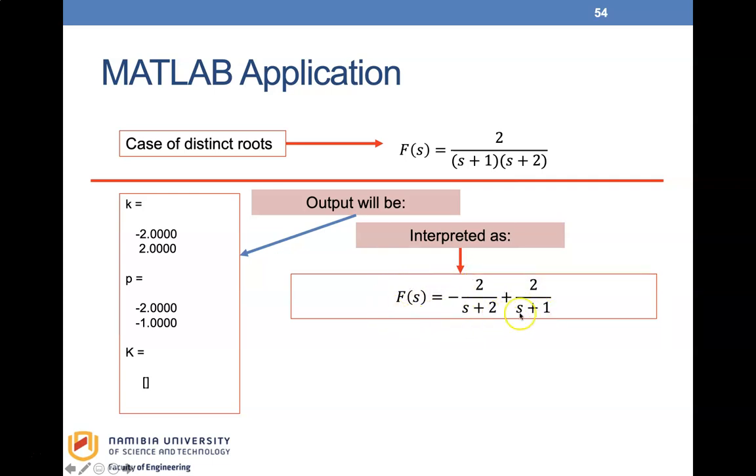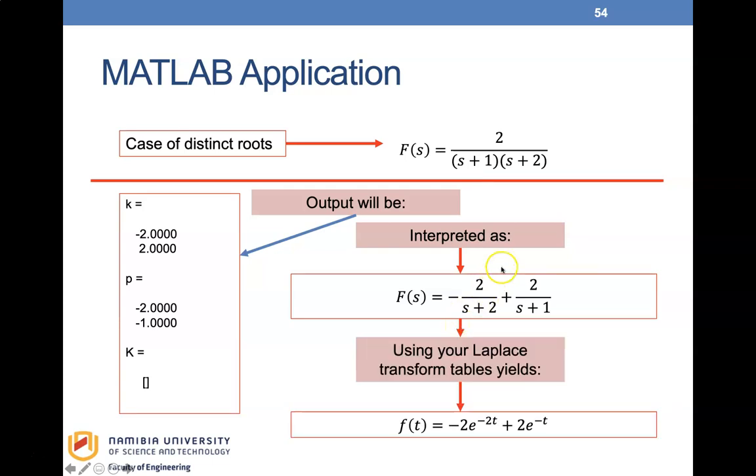So if you use partial fraction expansion, remember you say k1 over s plus 1, k2 over s plus 2. So our k1 is actually 2 and our k2 is -2 as a matter of fact. And so now you use the Laplace transform tables and you're able to get your result back in the time domain by doing inverse Laplace transform.